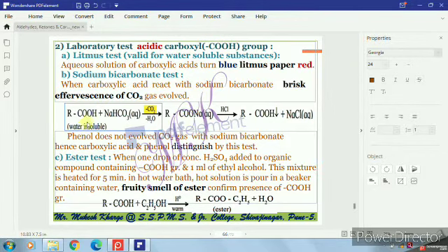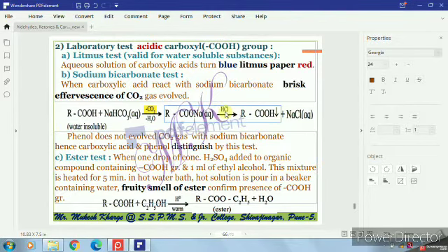What is the reaction? RCOOH plus sodium bicarbonate NaHCO3 gives RCOONa, the sodium salt of carboxylic acid, with loss of carbon dioxide and water. Due to loss of CO2, you obtain brisk effervescence. When we add lemon to soda, you obtain brisk effervescence. A similar type of effervescence we observe in this test.